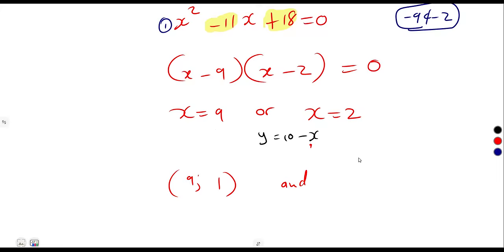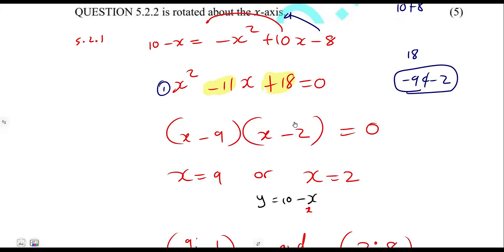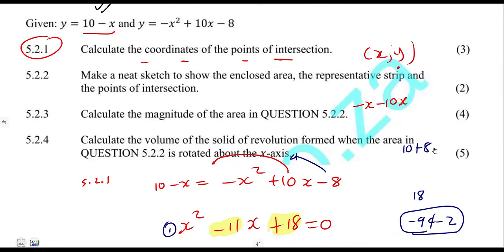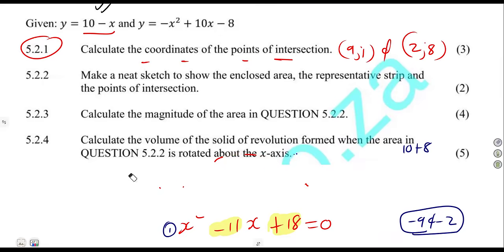And another point of intersection, when x is 2, substitute 2 here. 10 minus 2, that's 8. So these are the points of intersection that you're going to consider for the graph that we are having there. All right, 9 versus 1 and 2 versus 8. Then from there, make a neat sketch, show the enclosed area.